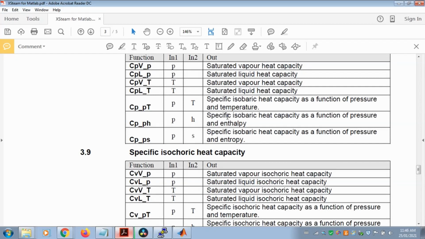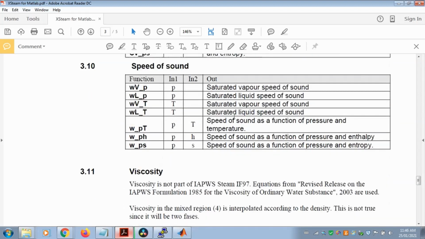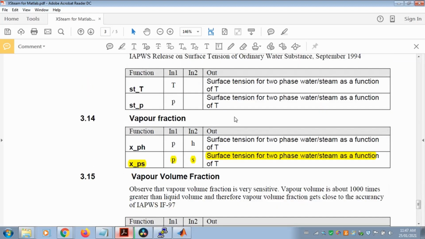And what we will also try to monitor while solving our Rankine cycle, and also trying to improve the efficiency of our Rankine cycle by reducing the pressure in the condenser, increasing the maximal temperature, or increasing the pressure in the boiler, is to check what is the quality. And the quality here is the vapor fraction, X. And you'll see here that we can get X knowing pressure and entropy. So this is all you have to know about Xtheme.